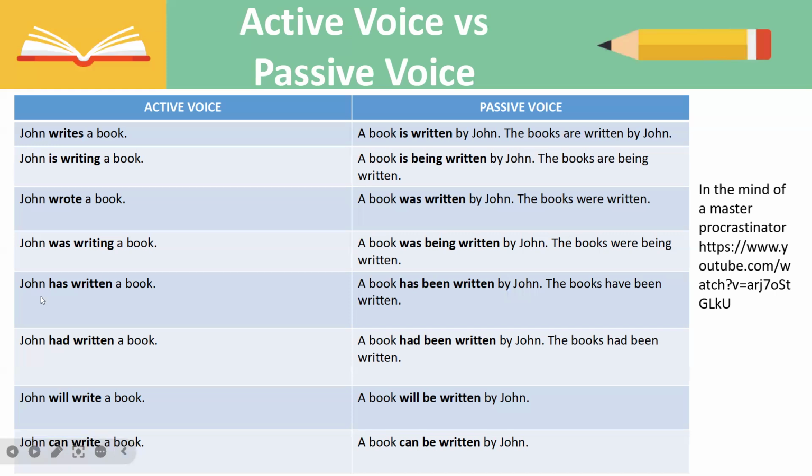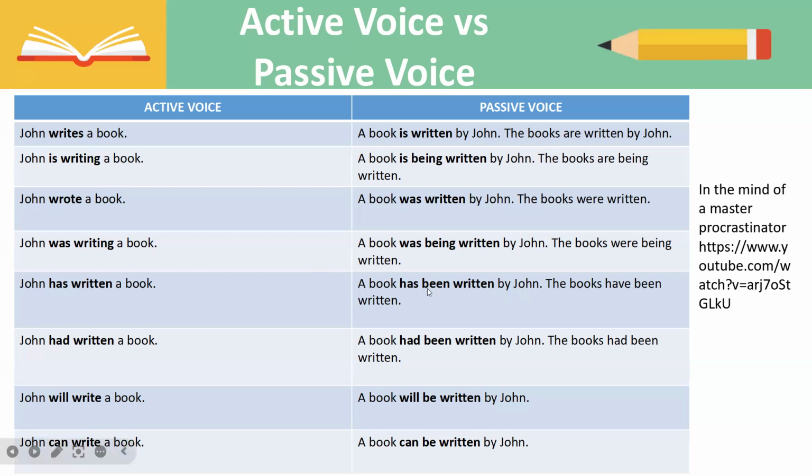Awesome. John has written a book. This is the present perfect tense. Now, let's focus on the object. A book. We're talking about the perfect tense, so we need to use have, okay, plus the past participle. So in this case, has, because it's third person, a book has, and then we have to use been.